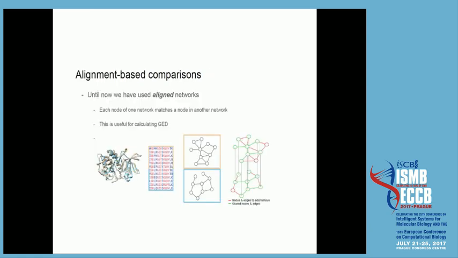So till now, we've used alignment-based comparison. That was useful to calculate the graph edit distance, but it incorporates more information, which is the structure, that we might not have for comparing those networks.